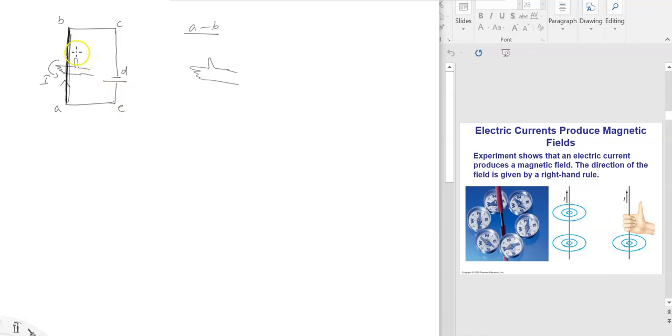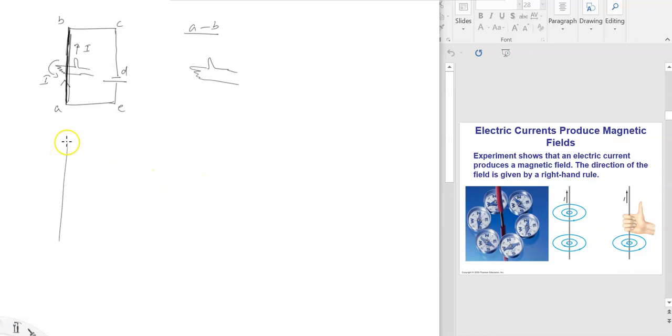Now the thumb is pointed in the direction of the current. When you do that, the direction shown by the fingers wrapped around the conductor shows how the magnetic field lines go around this conductor. So they're going to be little circles going around the conductor, right?